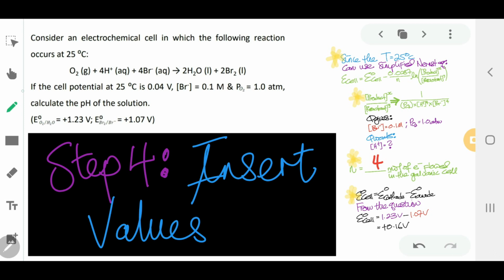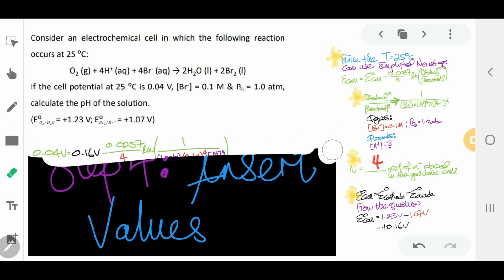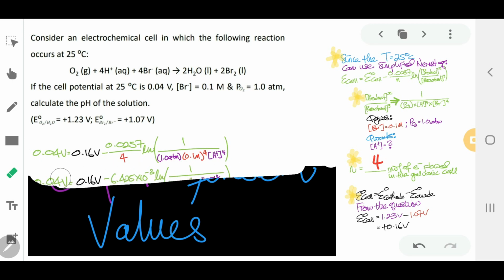Next, what we need to do is insert all the values into the simplified Nernst equation, and you take all of these values that you have identified just now to find the H plus concentration. So you substitute everything inside just like this. You have the 0.16 volts right there, and you have 4 moles of electrons as what you have identified from the half cell equations. 4 over here, that is the value of n.